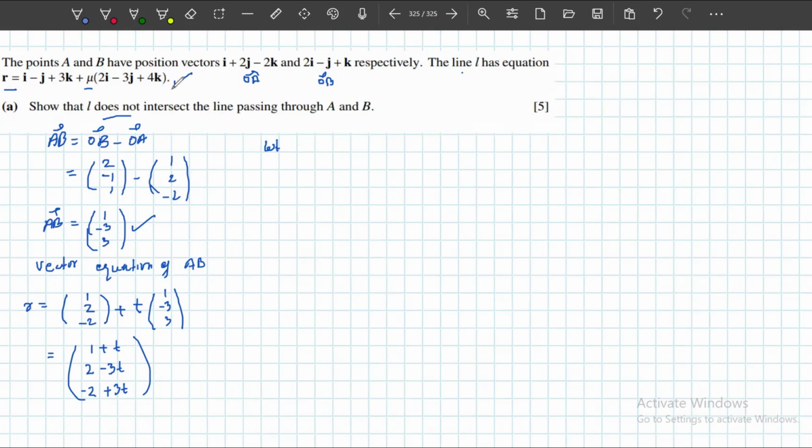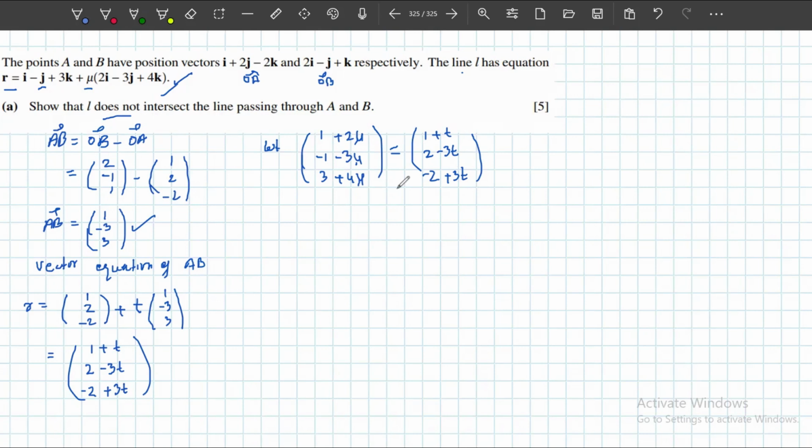First I'm going to write the i component, which is 1 plus 2 mu, then for the j component we have minus 1 minus 3 mu, and the k component 3 plus 4 mu, and we will compare this with the vector equation r, which is 1 plus t, 2 minus 3t.